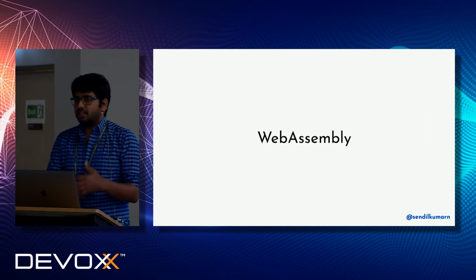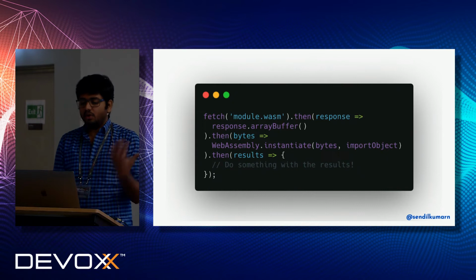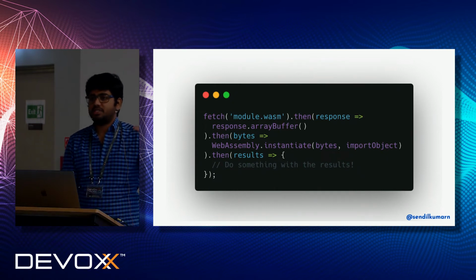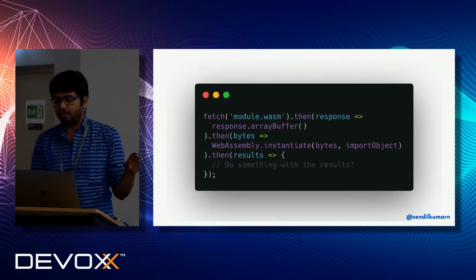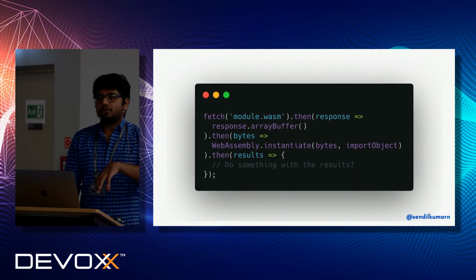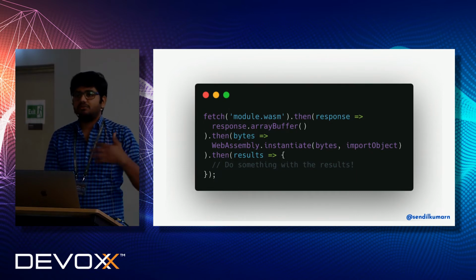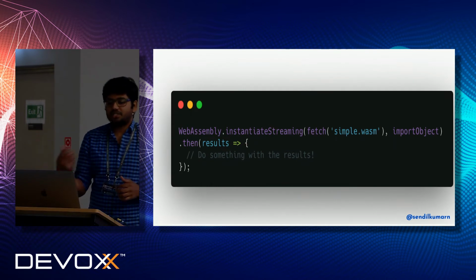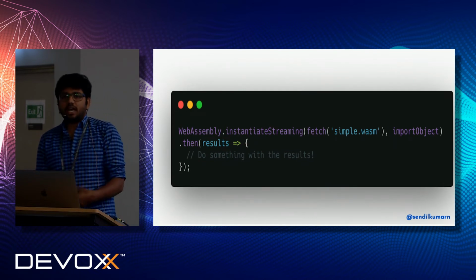On the other hand, WebAssembly is much simpler. You can load a WebAssembly module like this. Just fetch a WebAssembly module, which is a .wasm file, which is nothing but a binary. You get the response, instantiate a WebAssembly module from it, and then run it. It's a bunch of promises. What you can also do is instantiate streaming, which works on the go.